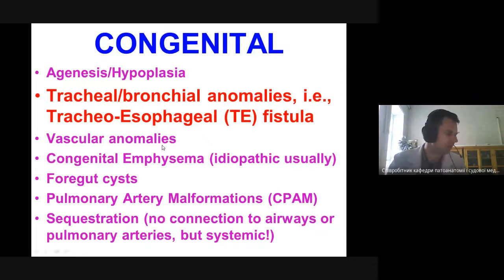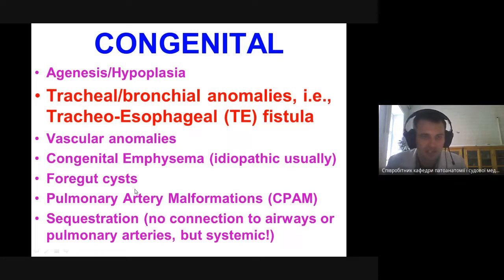Vascular anomalies with some aneurysms of arteries or abnormal structure, abnormal location of vessels. Congenital emphysema. We'll look at emphysema a little bit later.